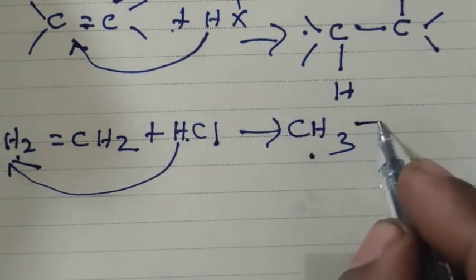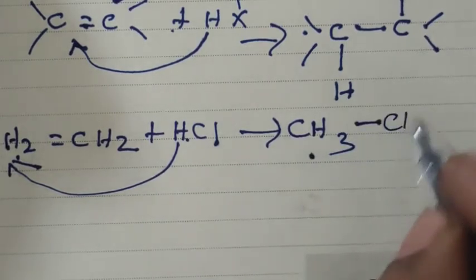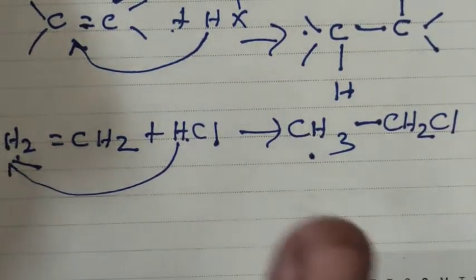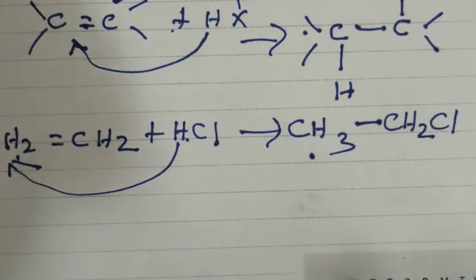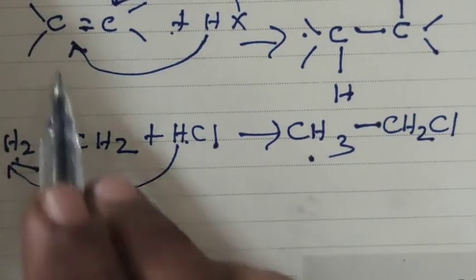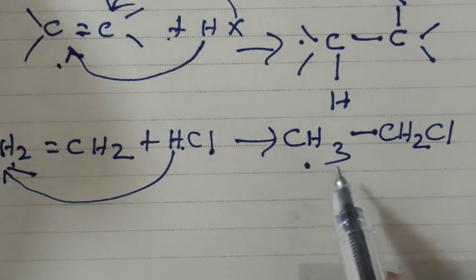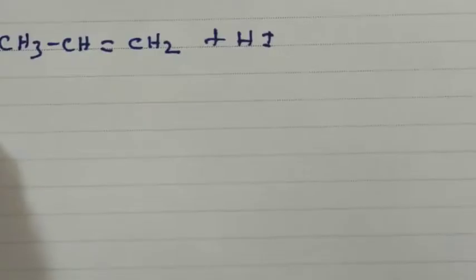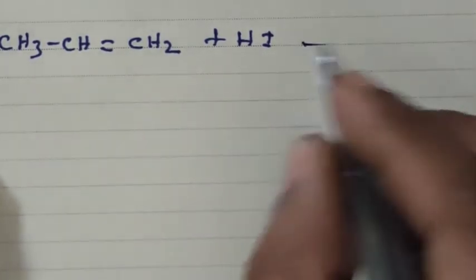Then the double bond will become a single bond and CH2Cl. This addition is a simple addition reaction. Thus, alkenes are converted into alkyl halide. CH3CH double bond CH2 plus HI. Complete this equation.